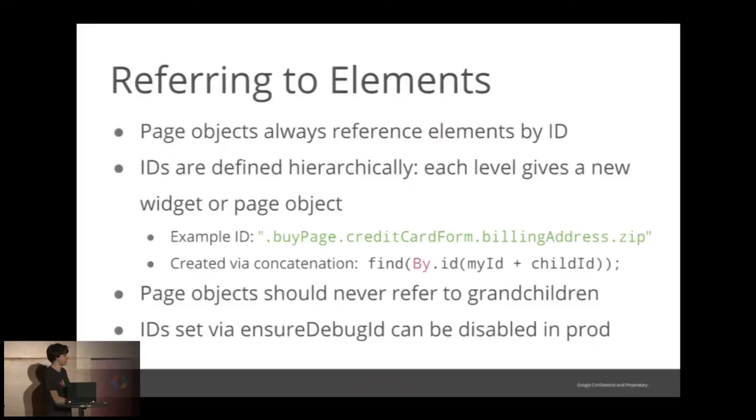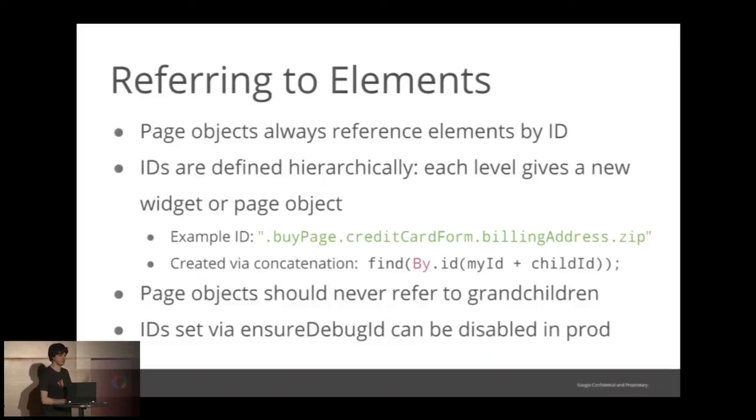So if I'm writing a page object for this billing address form, and I want to figure out what the ID of my zip child is, all I have to do is take my ID and append the child's ID to it. And then, without knowing what all my ancestors' IDs were, I can figure out what the ID of that specific child is.